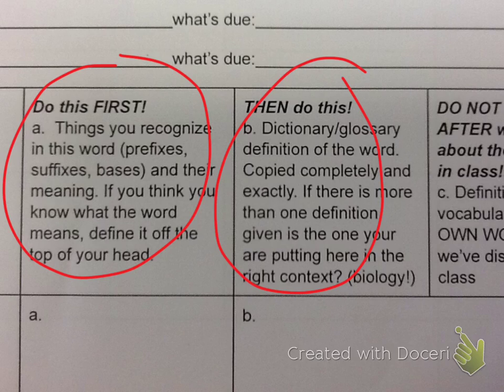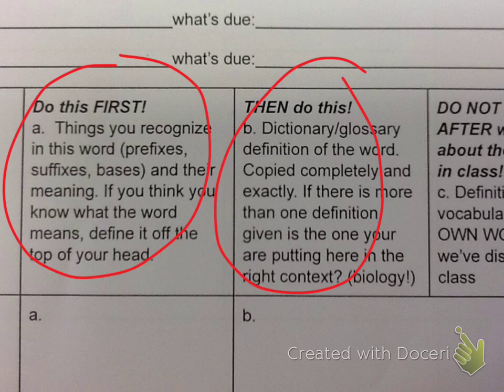Box A is seeing what we can build the dock on, maybe starting construction or getting materials. Box B is having all the materials and being ready to assemble the dock and maybe assembling it. Part C, after we've talked about the concept and now you have context, is tying the boat to the dock so that it's connected to something that you've already done.